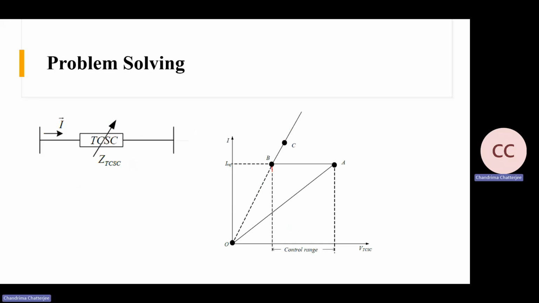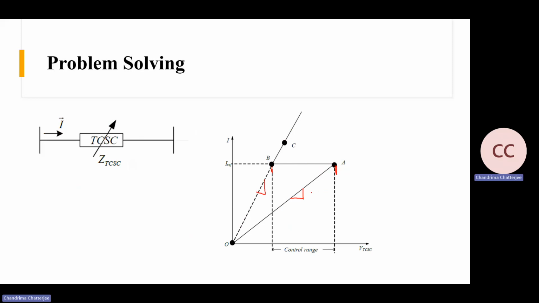So if this is the control range from here to here, then the IREF is constant. As you can see, the current is constant. And this is the control range based on these two different slopes. This slope over here has the lower slope compared to this slope.